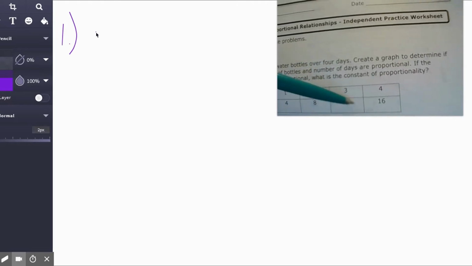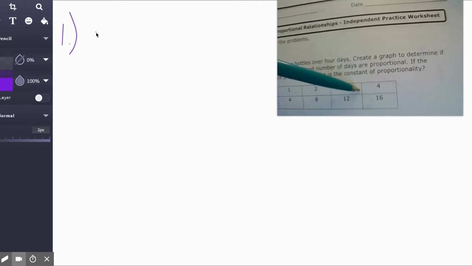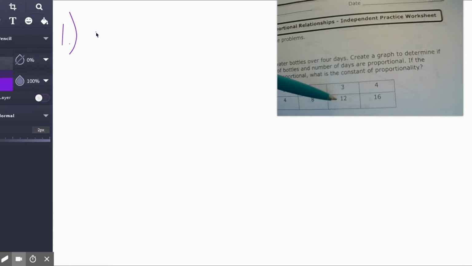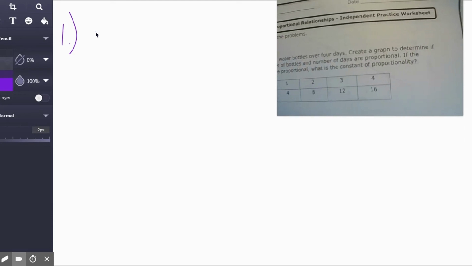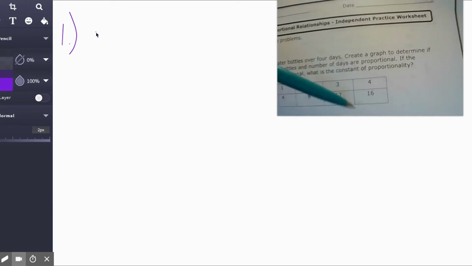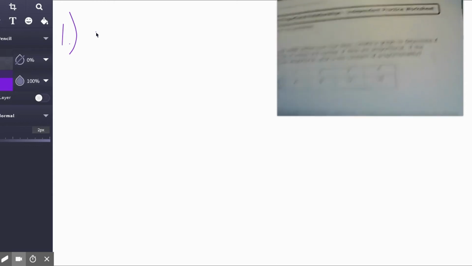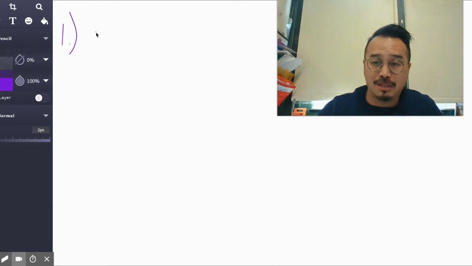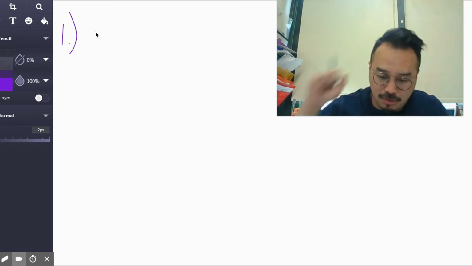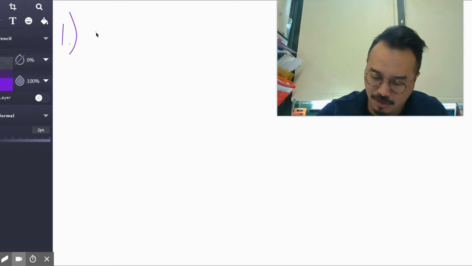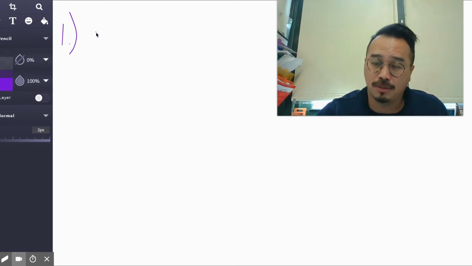So 2 times 16, that's 32. 4 times 8, that's also 32. You're good to go, and then you just check 3 times 16, 4 times 12, same thing. That's how you know. A graph is by no means the only channel in which you can find out whether these numbers are proportional.